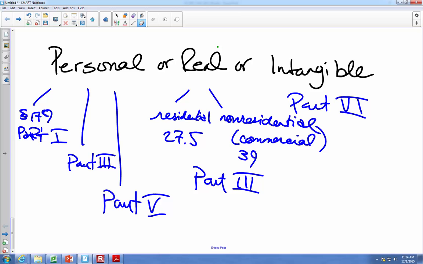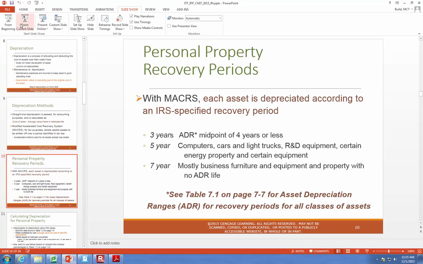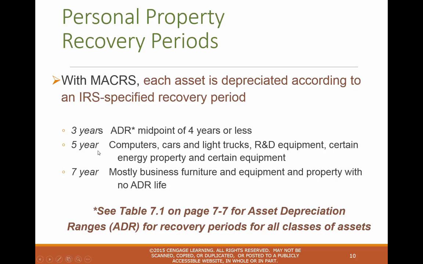So these things can be all over the place. With makers, each asset, so we're talking about personal property now, right? I just did personal versus real versus intangibles. Personal property, so it's part 1, 3, and 5 for listed.